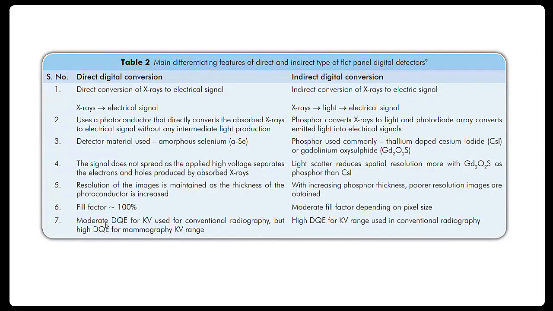And in case of indirect digital conversion, high DQE for the kV range used in conventional radiography. So these are the general differences between direct digital conversion and indirect digital conversion. This is a simple topic, some simple differences in image formation.